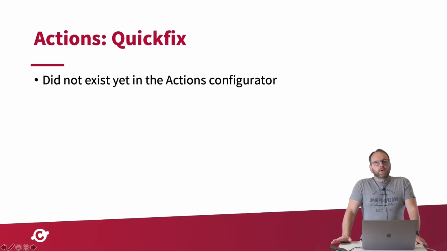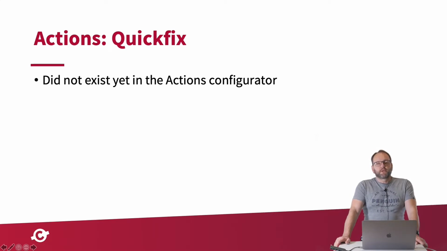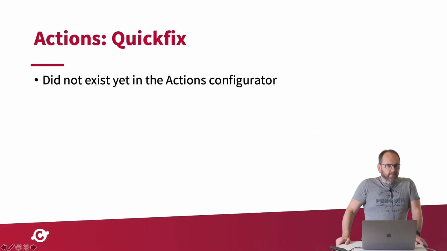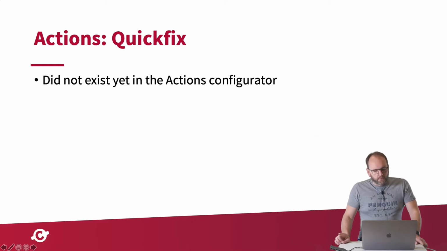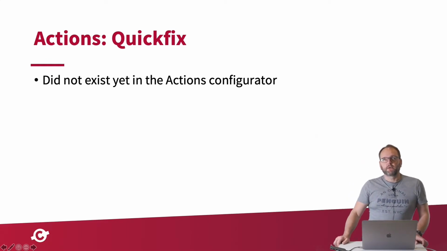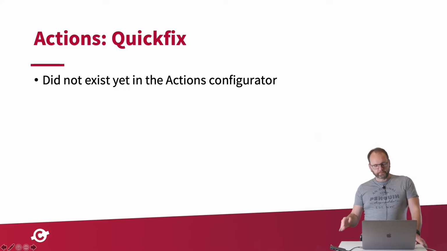Okay, so like I said, Quick Fix was introduced in pdfToolbox 12. That was never added to the Actions configurator, and now it has been, so that is available now as well. Maybe another point to mention, in this case, like I said, the configurator always works with the newest version, but it might not have all the new functionality easily available.